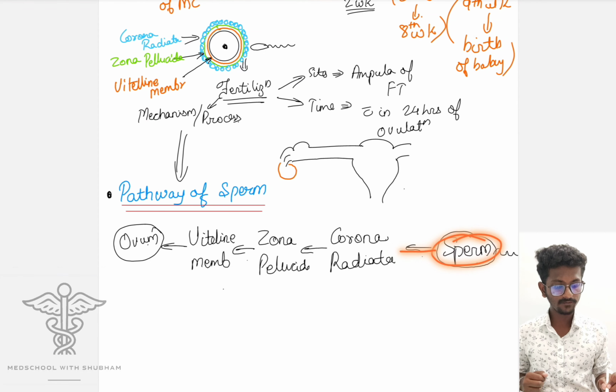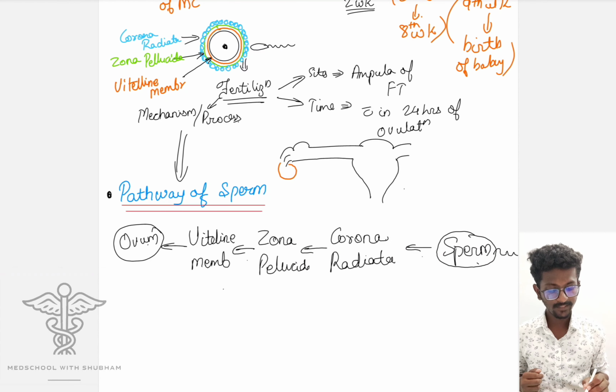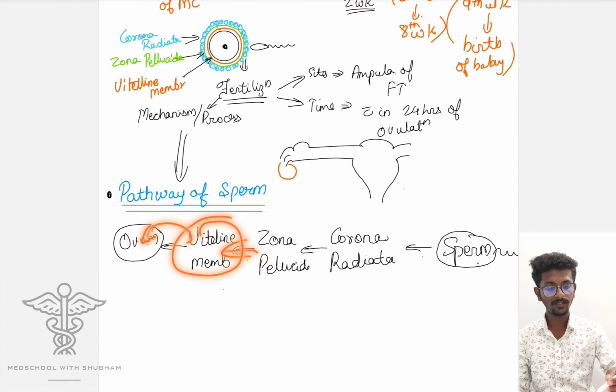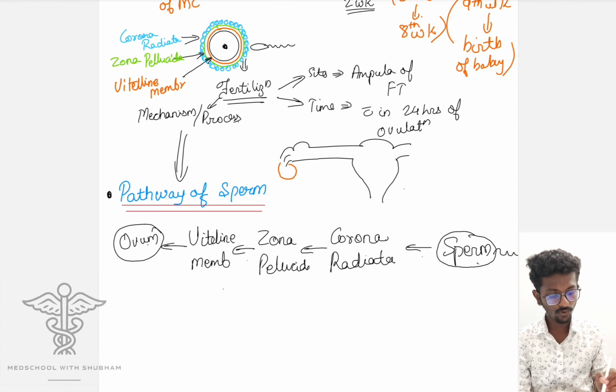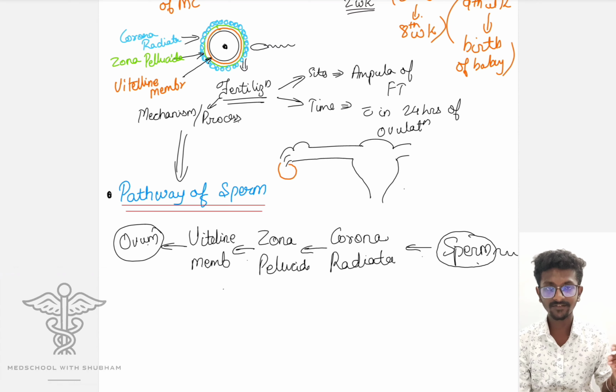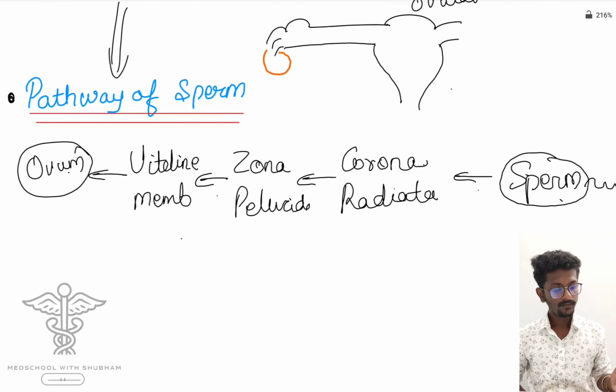Then the sperm will pass through the corona radiata cells, then the zona pellucida layer, then the vitelline membrane, and finally it will enter the ovum. For passing through all these layers, it has to secrete some enzymes to degenerate each layer and then enter inside.